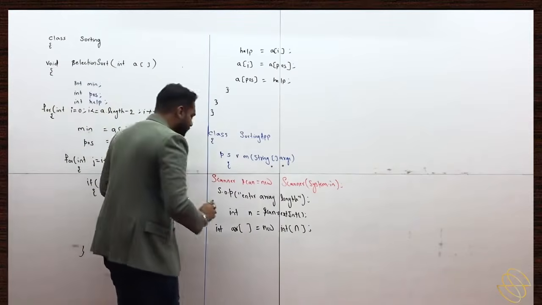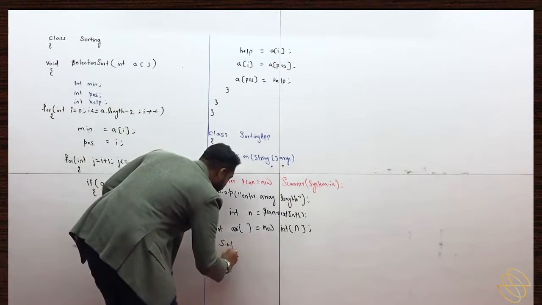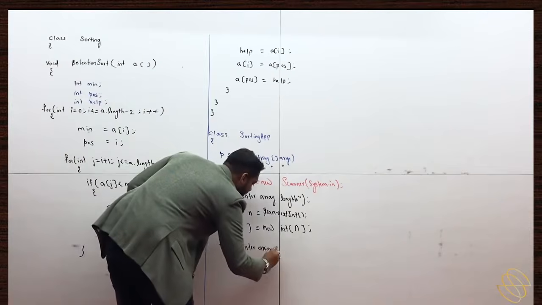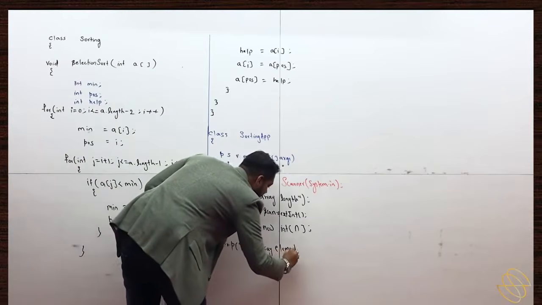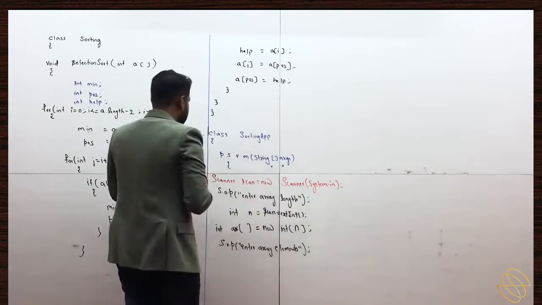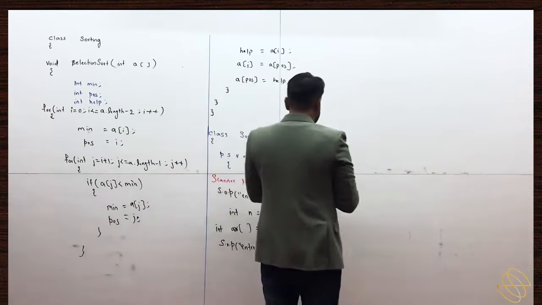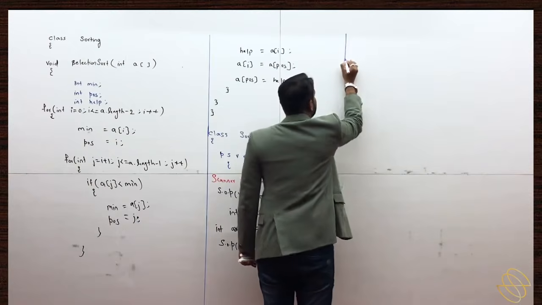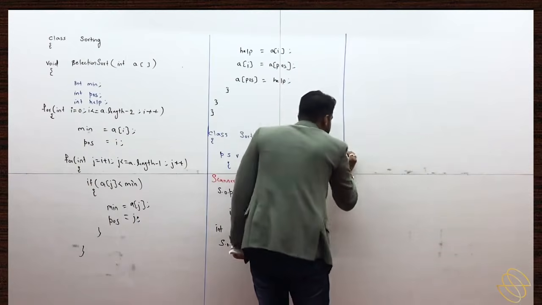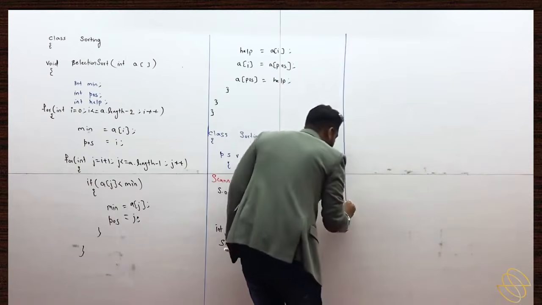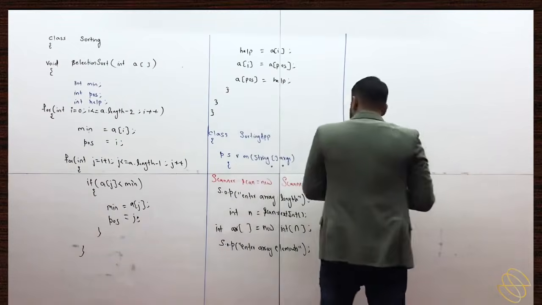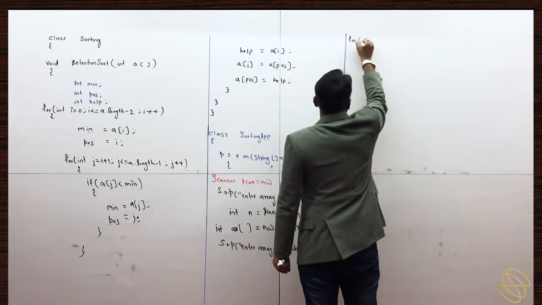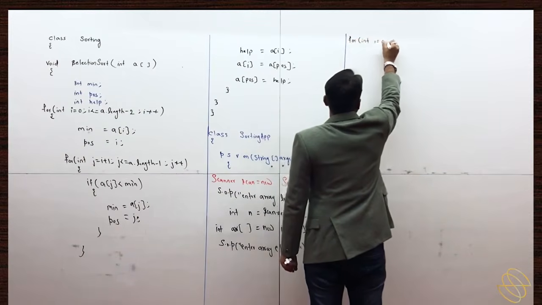So I will ask the user like this, System.out.println, enter array elements. By seeing this message, the user will enter the array elements. I have to collect it like this. Carefully watch it. I would tell it to start collecting the input from the 0th index.